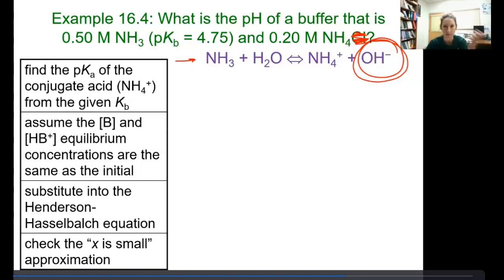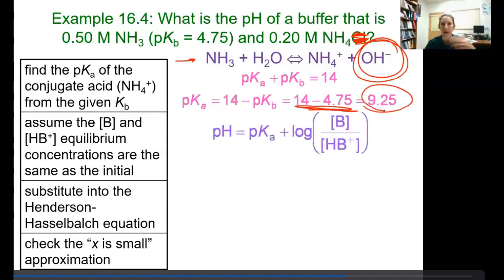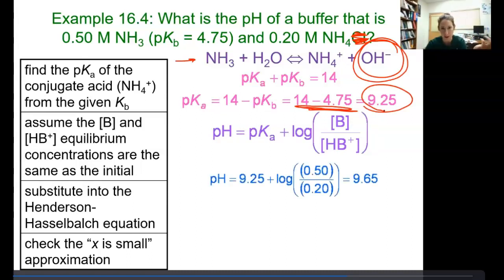Okay, so now we can find our pKa by just taking 14 minus our pKb. There is our pKa. And then we just plug it in, knowing which are pluses: the base goes on top, and the NH4 plus goes on the bottom, and you get 9.65.